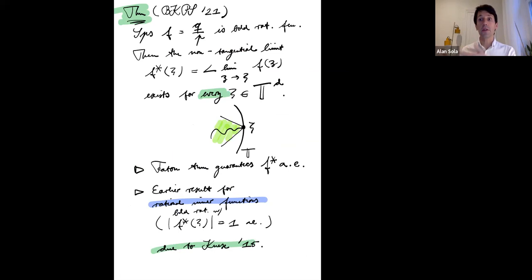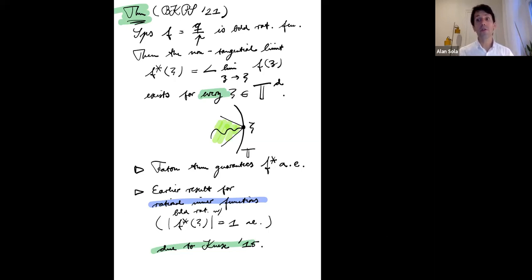Non-tangential here means that the variables approach the boundary non-tangentially in each variable. So this is a strengthening of the Fatou theorem in the sense that knowing that f is bounded immediately guarantees existence of non-tangential limits at almost every point. But the point here is that the exceptional set turns out to be empty for bounded rational functions.